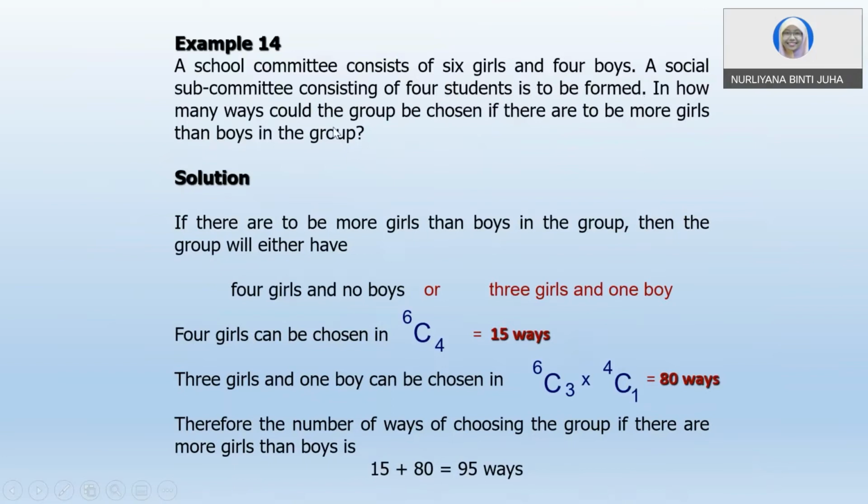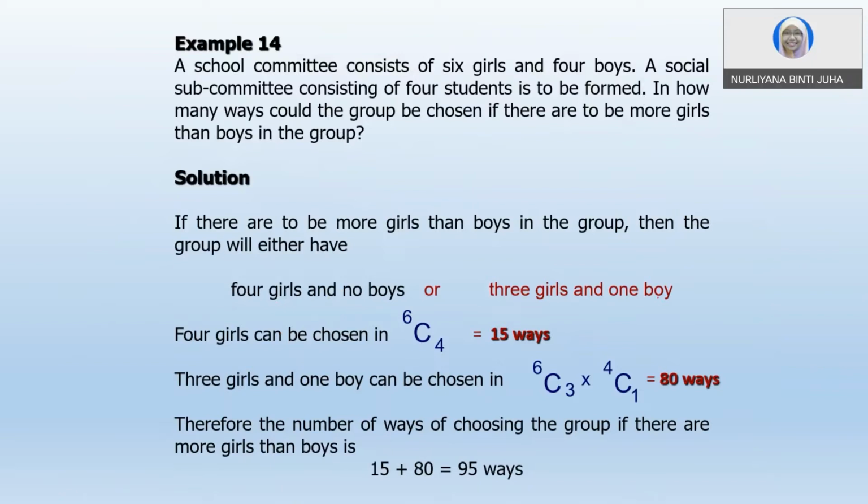In how many ways could the group be chosen if there are to be more girls than boys in the group? Dia dah mention siap-siap mesti more girls than boys in the group. Dalam 4 tu nanti bila you pick 4, make sure yang girls tu lebih daripada lelaki. Meaning that you boleh letak 4 girls and no boys at all, ataupun 3 girls and 1 boy.